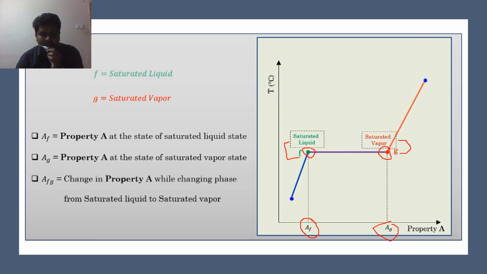Ag is the property A at the saturated vapor state. Afg is the change in property A while changing phase from saturated liquid to saturated vapor, which means Afg equals Ag minus Af.